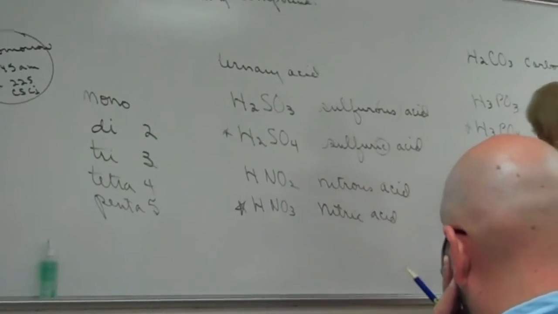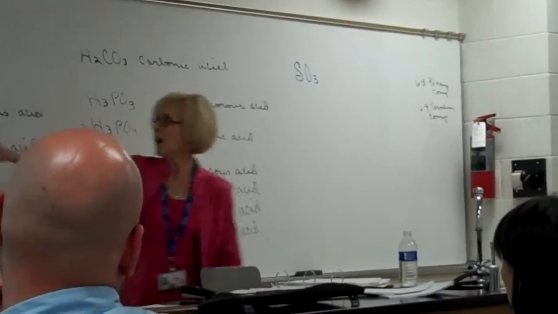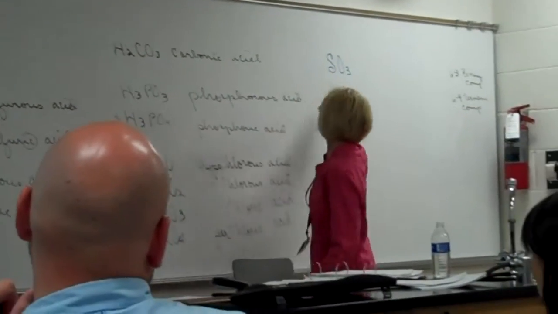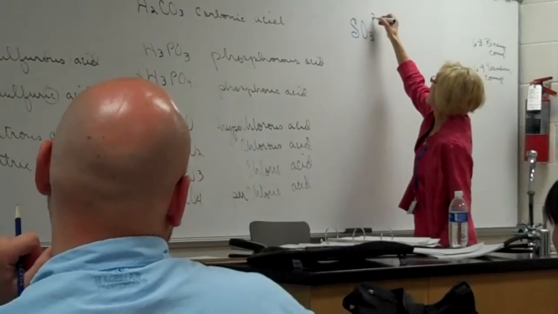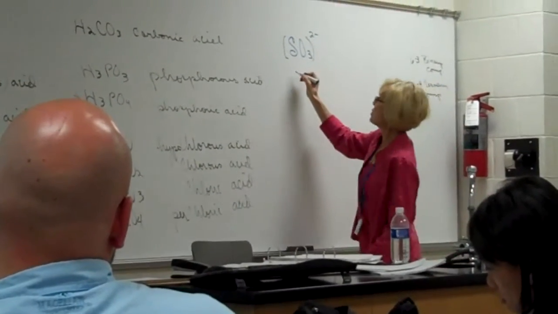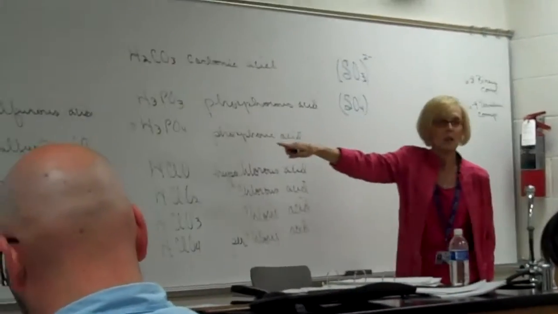So I want to take the hydrogens away. What's the charge on one hydrogen? +1. So if I have 2 hydrogens here, what must be the charge on this group? -2, exactly, good. And that's a polyatomic ion. Now let's do it with the next one. I'm going to take the hydrogens away.